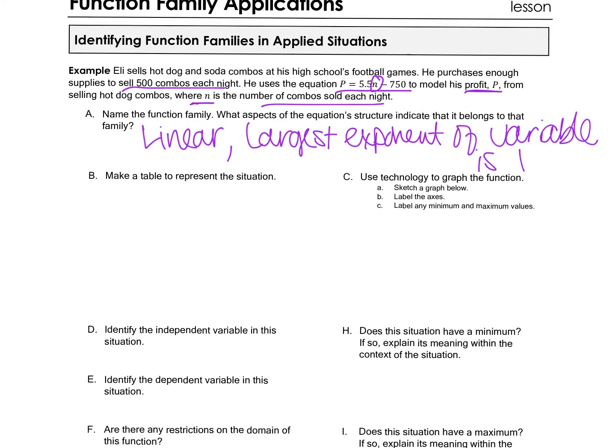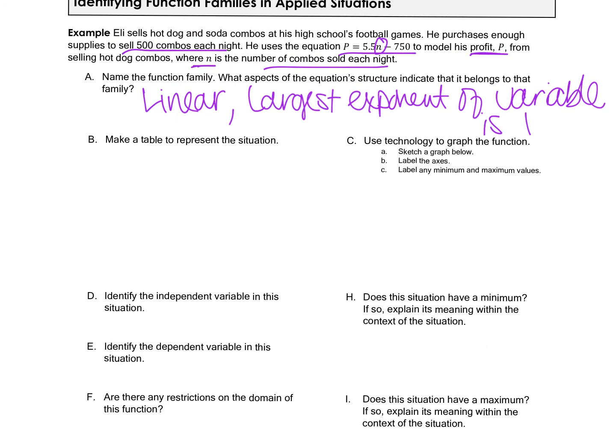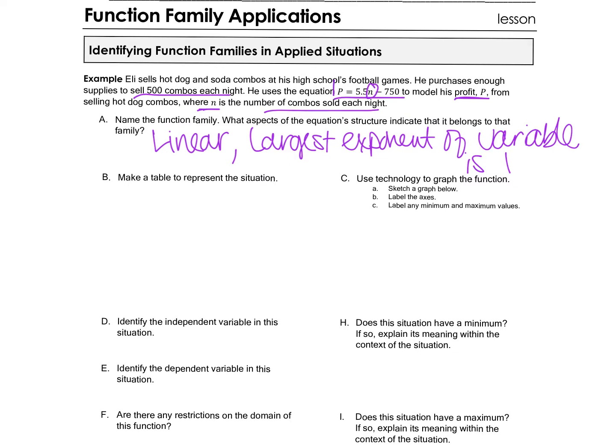Now moving on, part B, we're going to make a table to represent this situation. So if we look at our equation given, our X is going to be the N, which is the number of combos sold. And then our Y is P, which is profit.